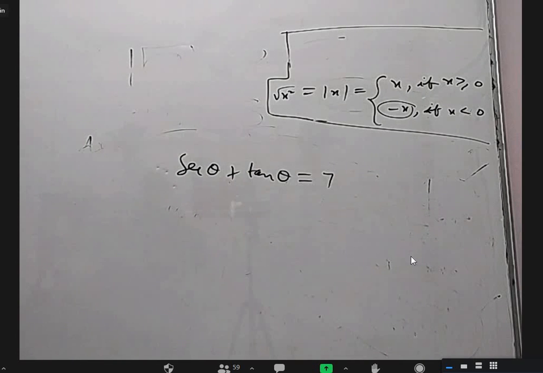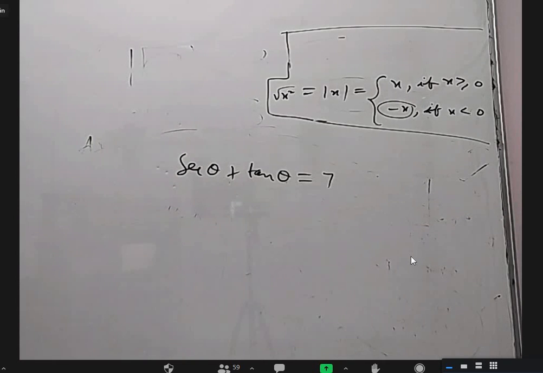Here, if you want, we can find the secant theta value directly. How? By using the formula secant square theta minus tan square theta is 1. Factorizing them, secant theta plus tan theta into secant theta minus tan theta is 1.